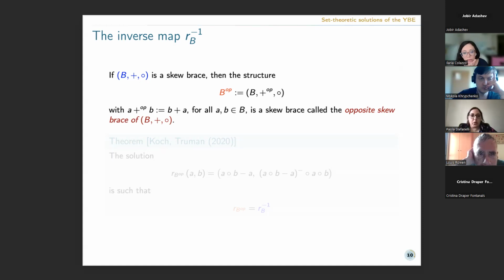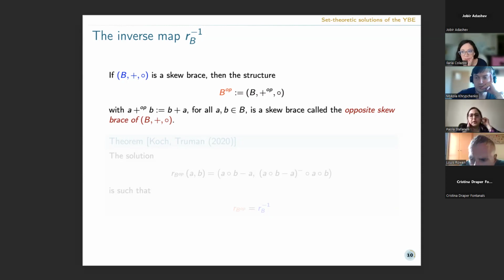As I said, the solution associated with a skew brace is bijective. What about the inverse? Well, if (B, +, ∘) is a skew brace, we can consider another structure of skew brace that has the same underlying set B, the same circle operation of the fixed brace (B, +, ∘), and as addition, the opposite of the sum.